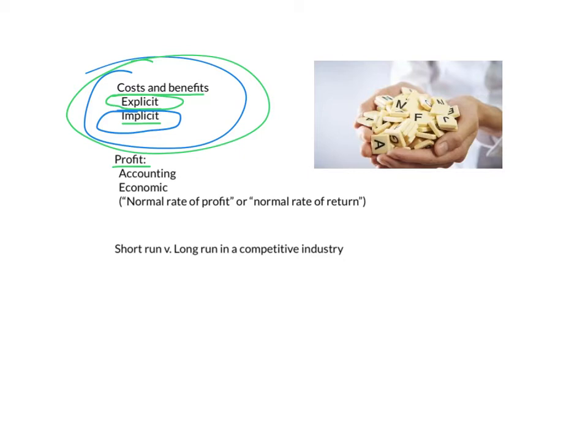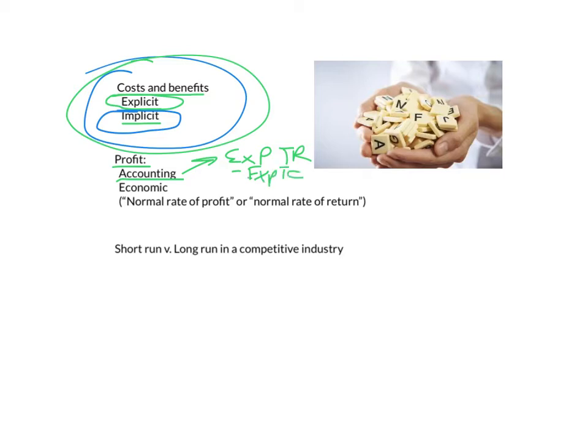We label as accounting profit just the obvious profit, and this is what newspapers report on, and it's just explicit total revenues minus explicit total costs.